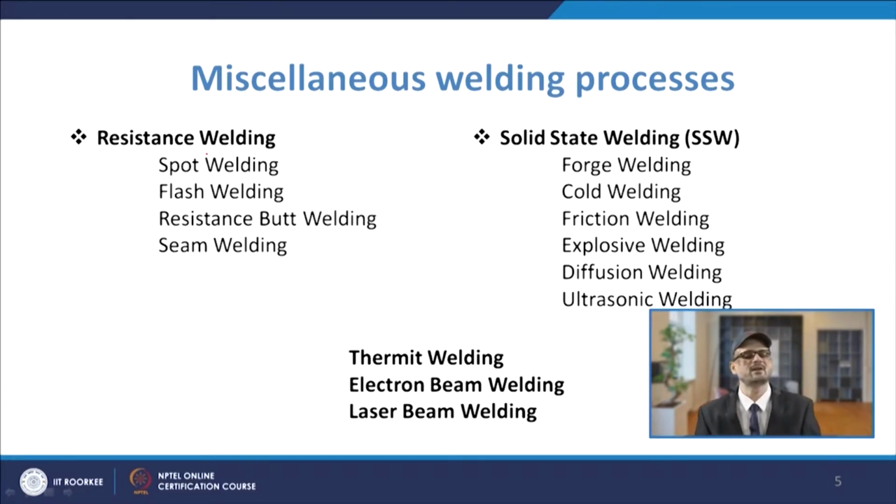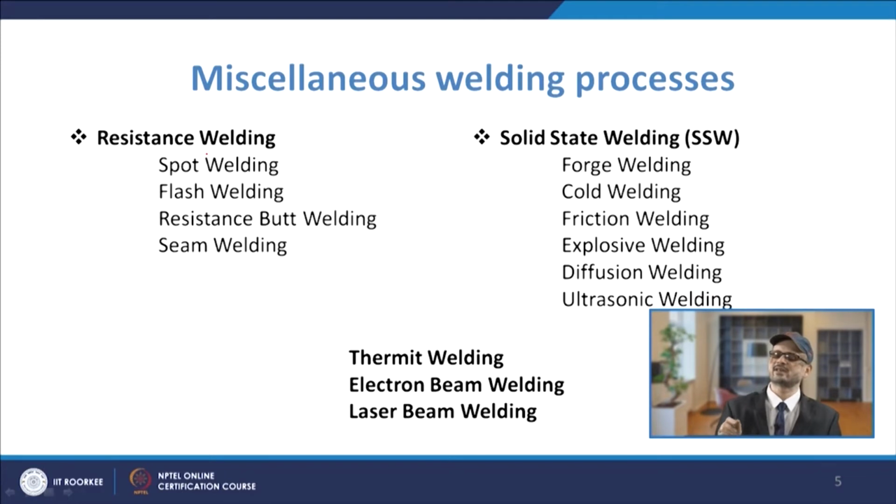So, based on the I value and R value, depending upon the time, the resistance will generate heat, and that heat will be enough to locally melt the material and do the joining. So, you have spot welding, flash welding, resistance butt welding and seam welding under this category.